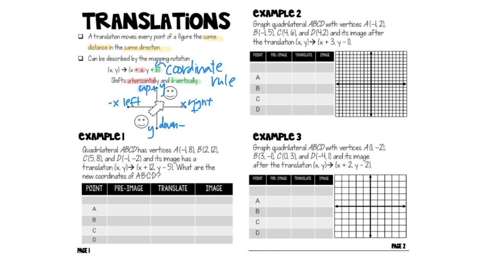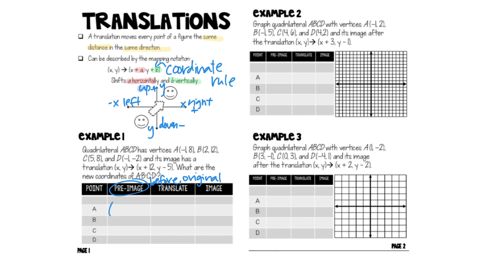Okay, example 1, we have a quadrilateral ABCD with vertices A, B, C, and D. I'm going to go ahead and write down those points. Those points are my pre-image points, which means before the transformation. We might also think of this as the original points.